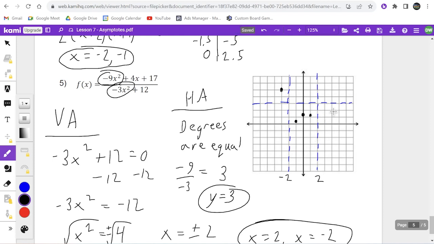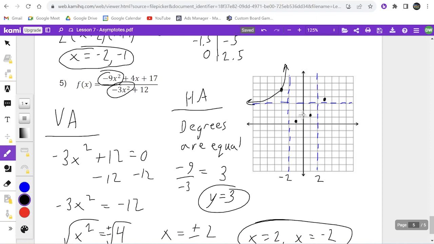Skip 2, and then 3 is 3.5. 1, 2, 3.5, right there. Just above the asymptote. And now this is all I need to graph everything here. For the left side, I start from the dot and I go towards my asymptotes. Next, for the middle one, this is interesting.